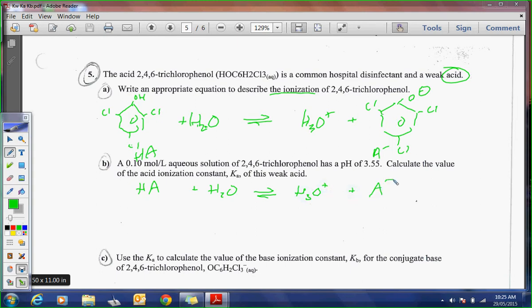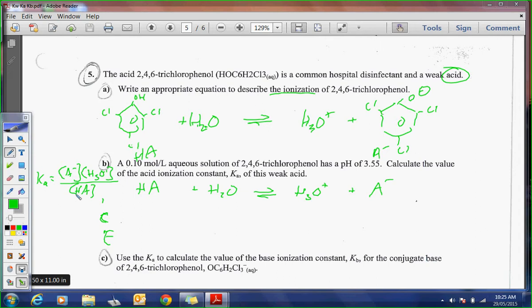And this would apply to any acid. And I need an ice table, ICE, so that eventually I can plug into the Ka the A minus, the H3O plus, and the HA. Everybody okay with that? All right.